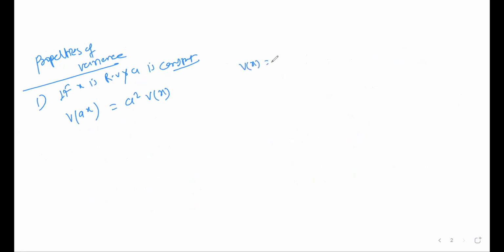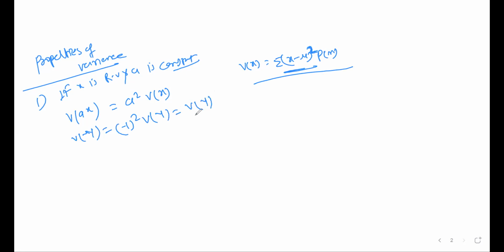Because the formula of variance is the summation of (x minus mu) whole square into p of x, so it will square every term. That's why a becomes a square into v of x. And if you find the variance of a negative term, it becomes positive because of the square: minus 1 whole square into the variance of y, which is the variance of y itself. This is the first one.